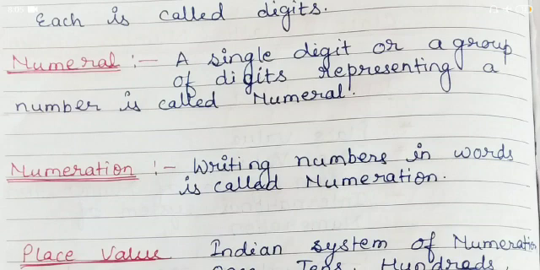For example, if you want to read numerals like 256 or 3567, these are numerals including some digits. 256 is made by 3 digits, and 3567 is formed by 4 digits, that is 3, 5, 6, and 7.